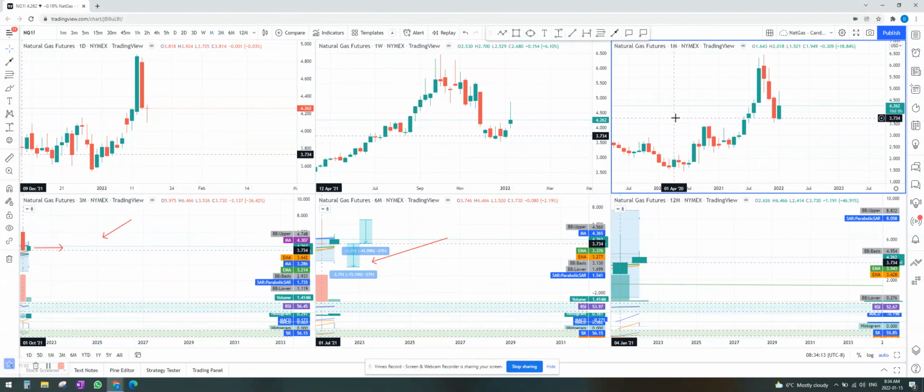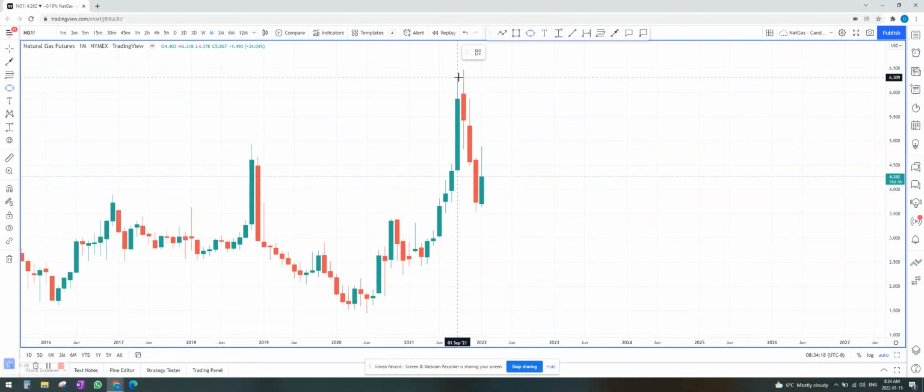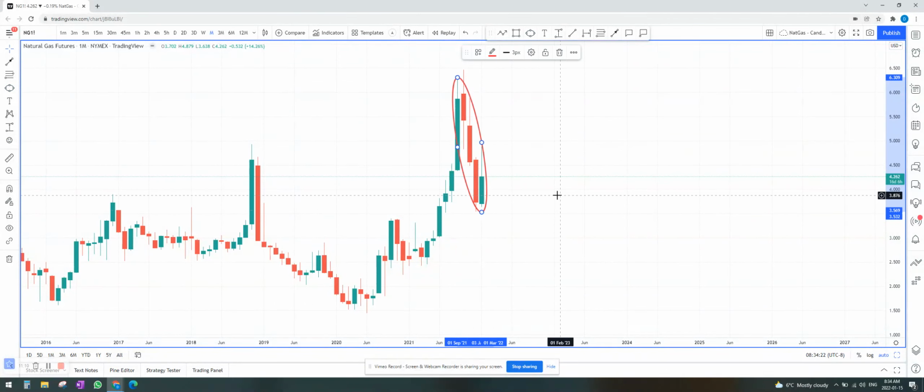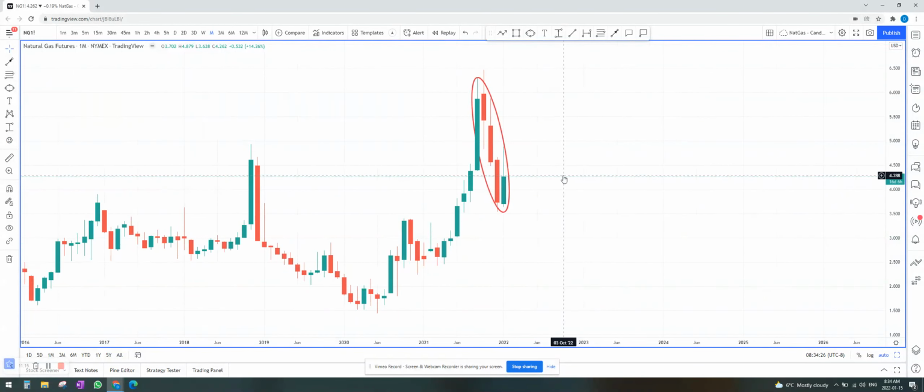So what do we have on the monthly? Well, on the monthly we have a beautiful pattern, not even two patterns. The first one that we can see is the three black crows. This is usually a very strong one that is considered a bearish continuation pattern.